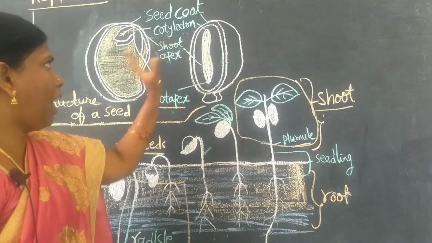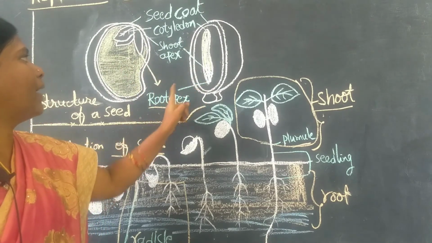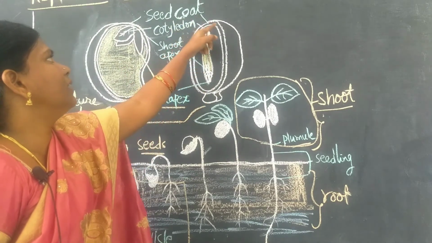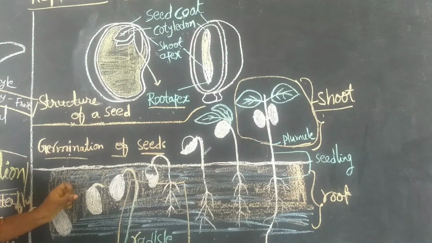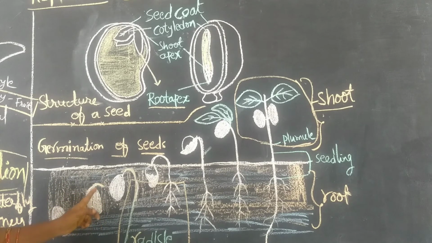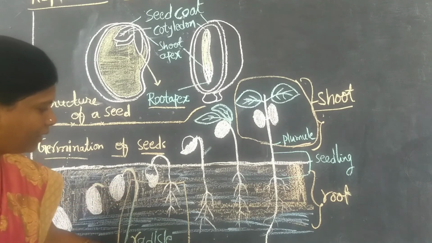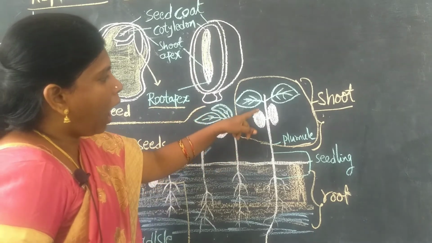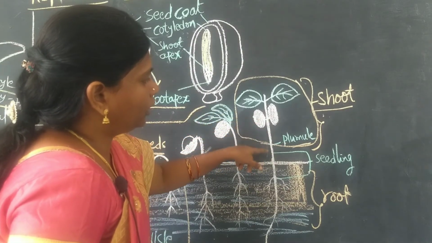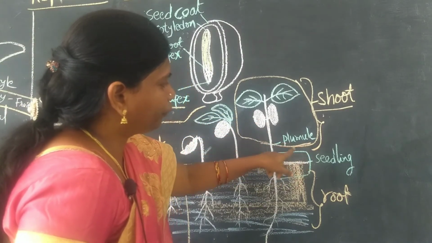From the seed, it opens and the root comes. Whichever part goes under the soil is radicle. Whichever part grows up as shoot is called plumule.